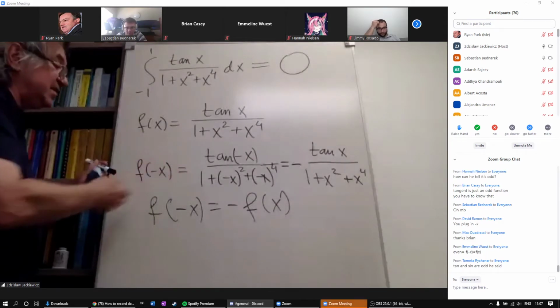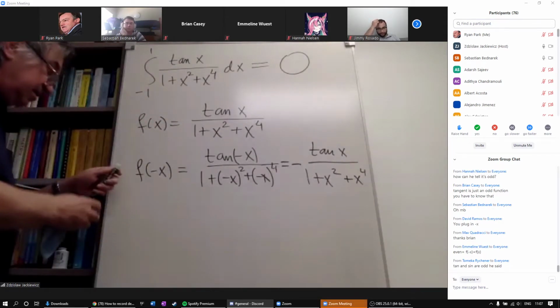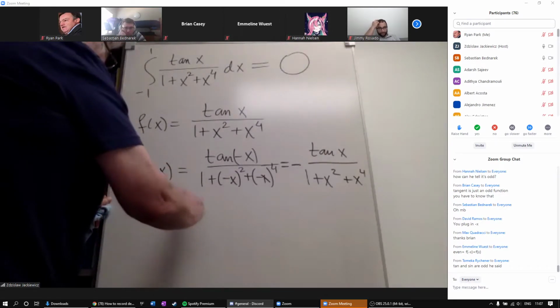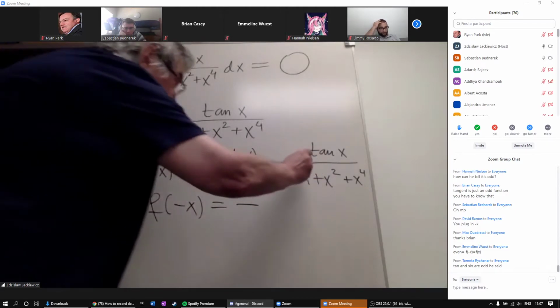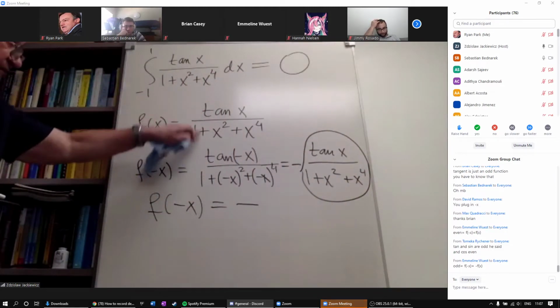Look at this relation once more. f of minus x is equal to minus, I keep this minus, and what is this? This is exactly f of x.